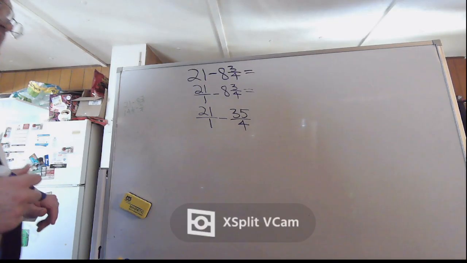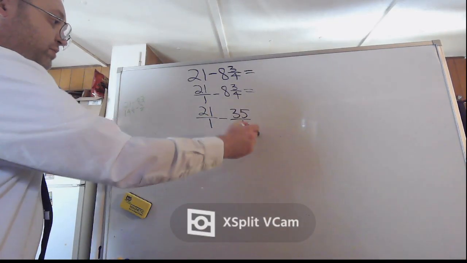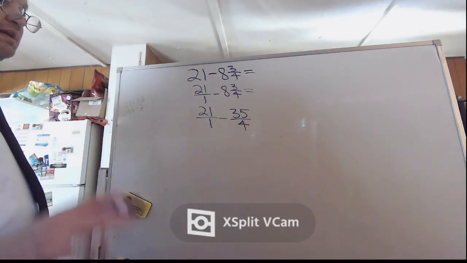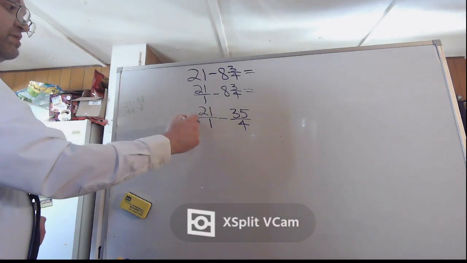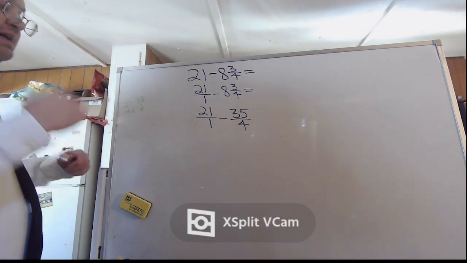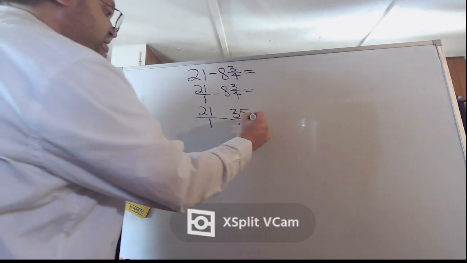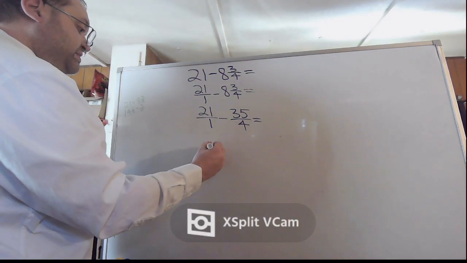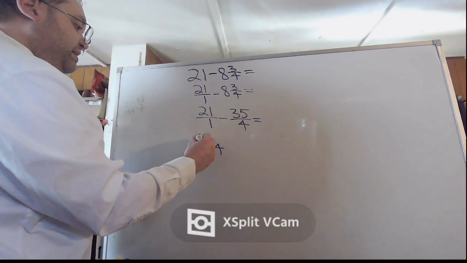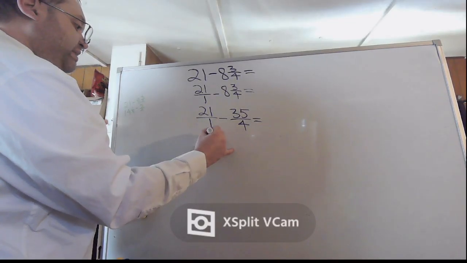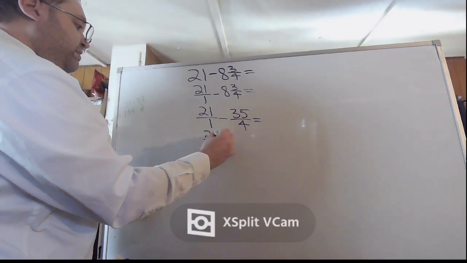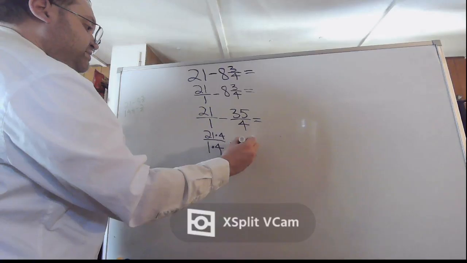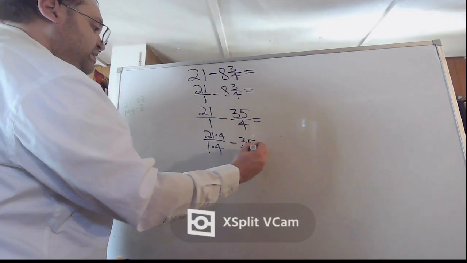So 35/4 can be left alone. That's already got a denominator of 4, but the 21 we need to convert into a denominator of 4. How do we convert 1 into 4? Multiply by 4. So you'll have 1 times 4 for your denominator, which means you'd have 21 times 4 for your numerator, minus 35/4.